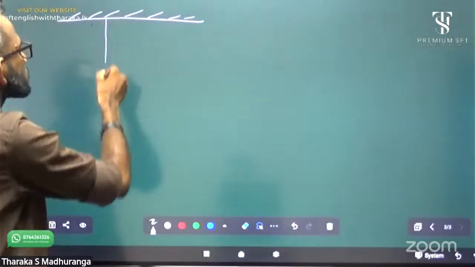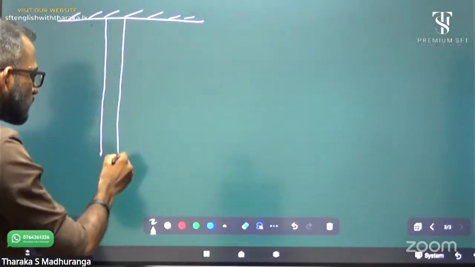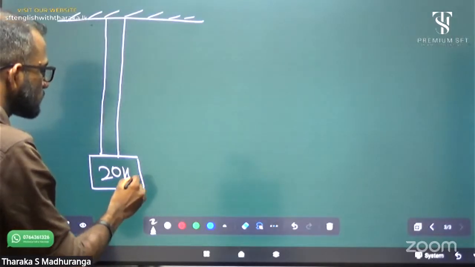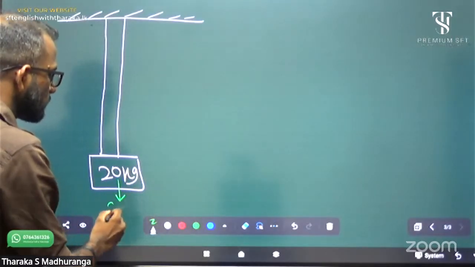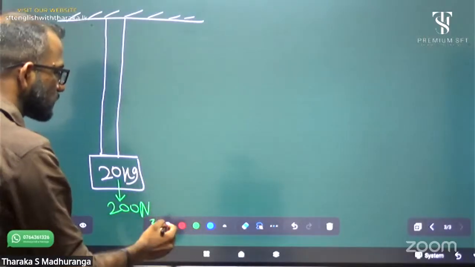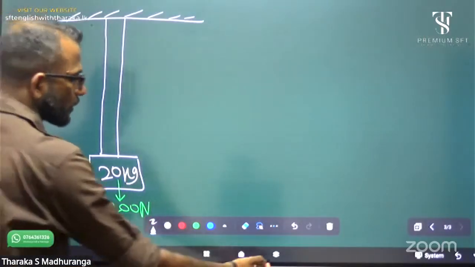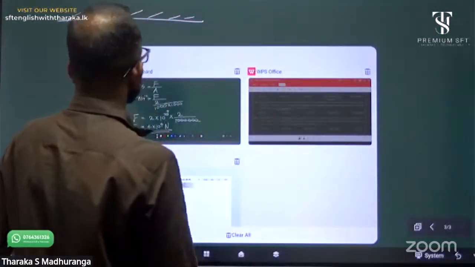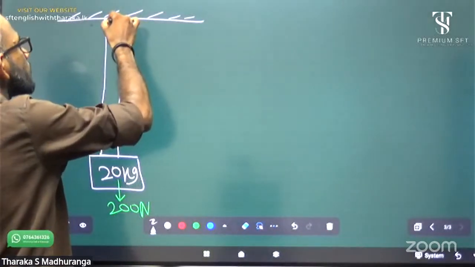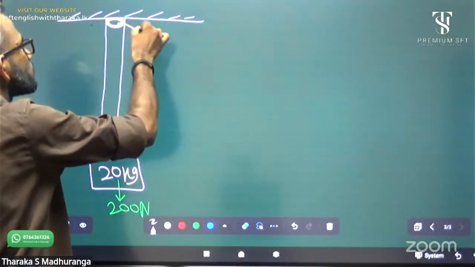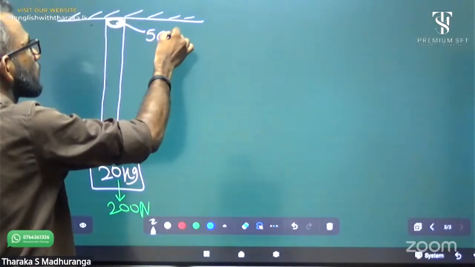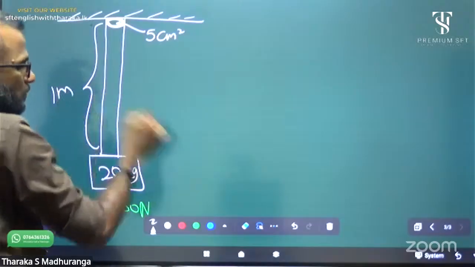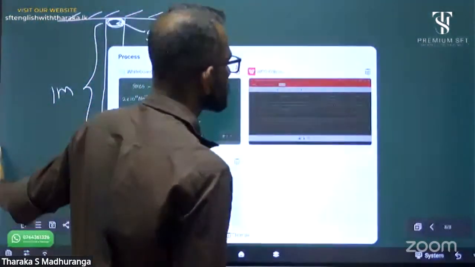This is a rubber string. It's connected to a 20 kilogram load. 20 kilogram means 200 Newton load, right? The cross-section area is 5 square centimeter, and the length is 1 meter.